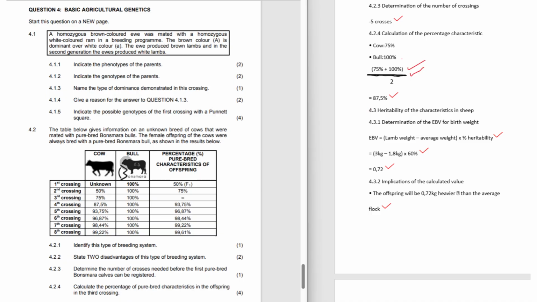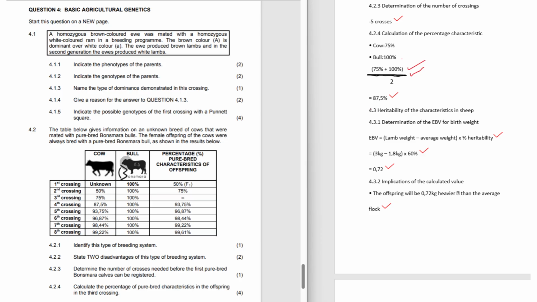4.2.4 calculate the percentage of purebred characteristics in the offspring in the third crossing. So for this question, step 1, we're going to take the percentage of the cow, but on the third crossing, that's where we have 75% and 100%.